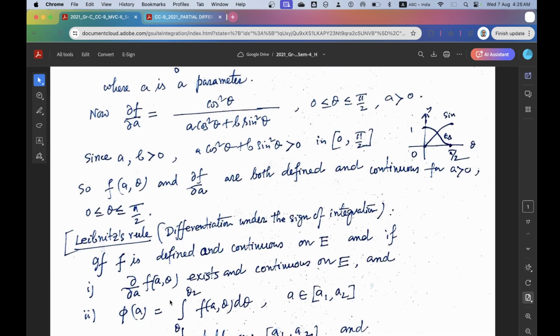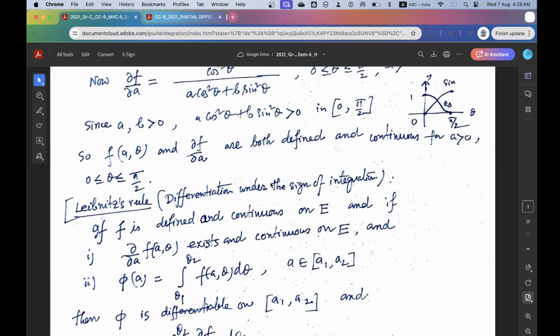Now we apply the Leibniz rule, differentiation under the sign of integration.